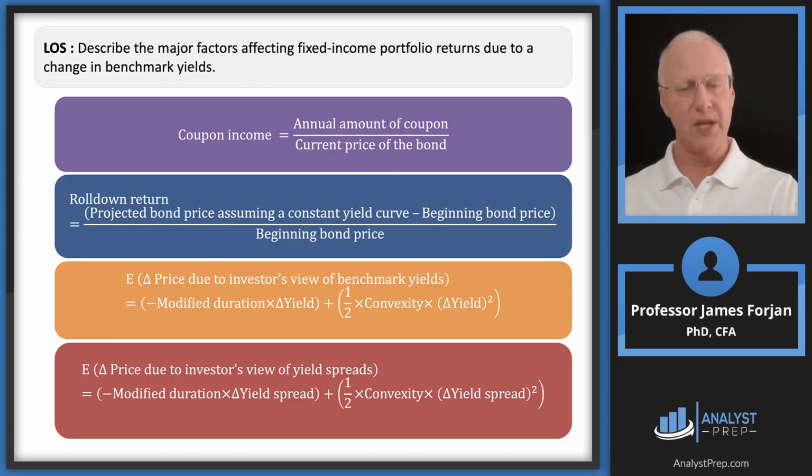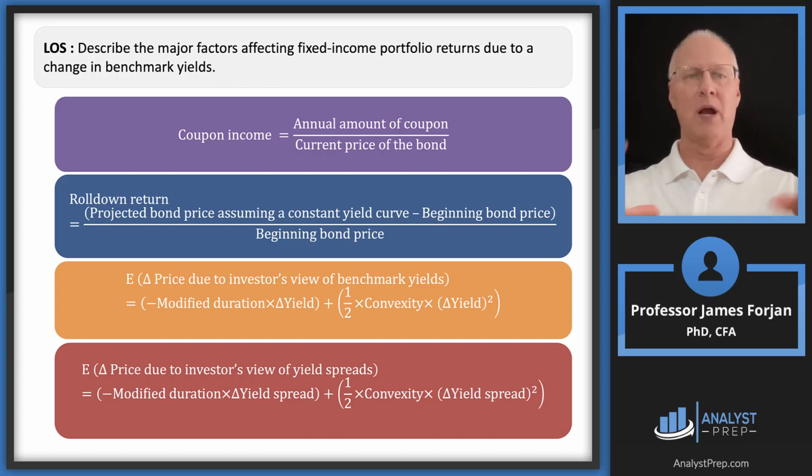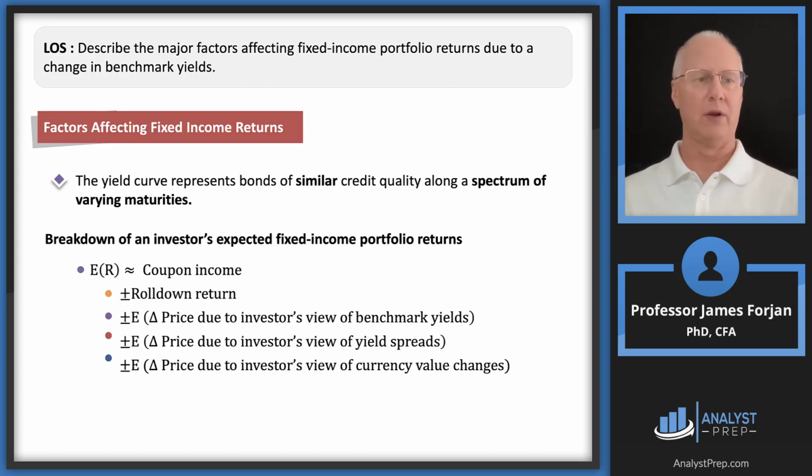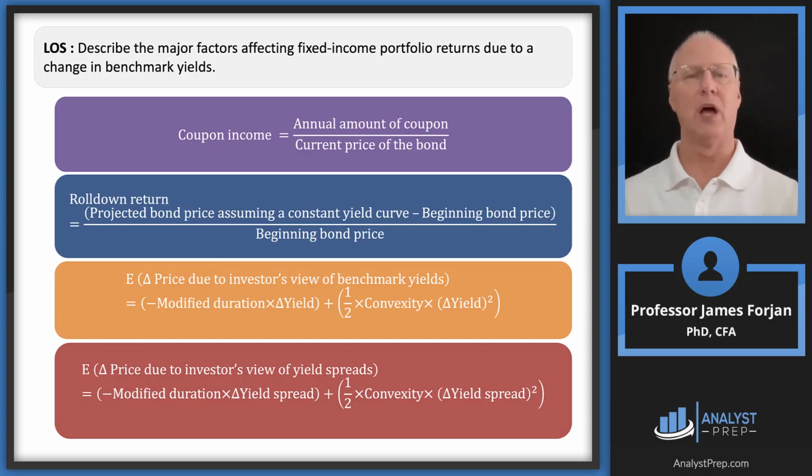Instead of change in yield, now we have the change in yield spreads. Instead of change in yield squared, we have change in yield spread squared. So if you go ahead and combine all those things, you're going to get, let me just go back here. You're going to get the expected fixed income portfolio return. And then we'll add currency in one of the last slides.